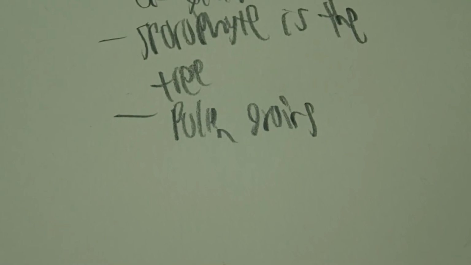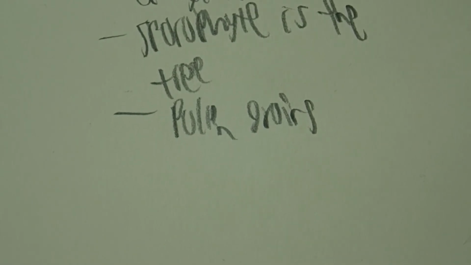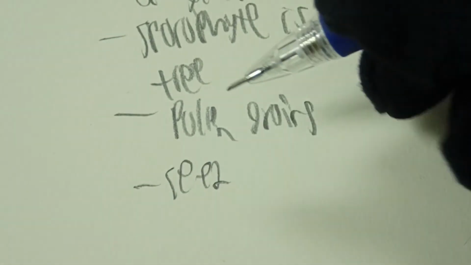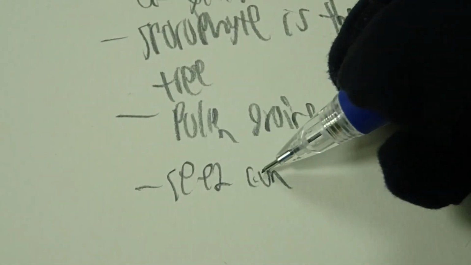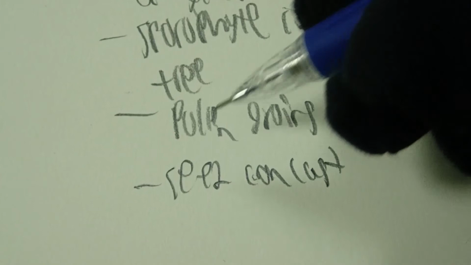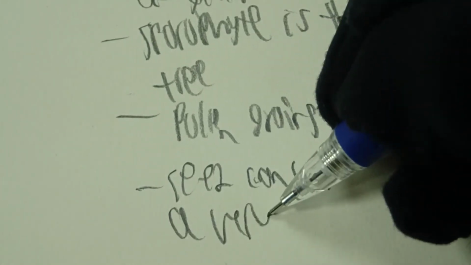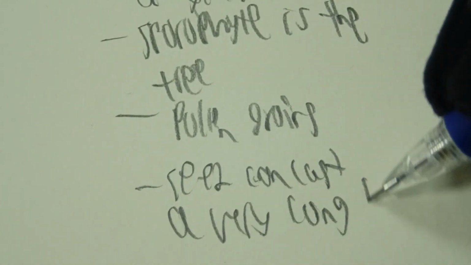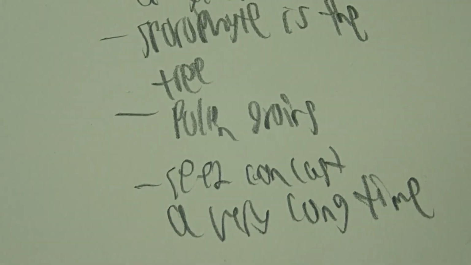The female gametophyte stays in the parent plant until such time as the male gametophyte reaches it. And this solves the problem of needing wet areas to reproduce, because a seed can last a very long time.